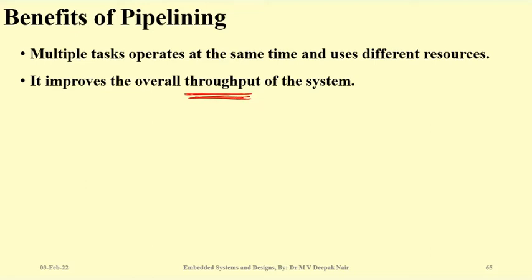Data transfer per unit time. No, it is not always data transfer. One of the terms may be data transfer. Other than that, what is throughput? Bits? No, anyone else?